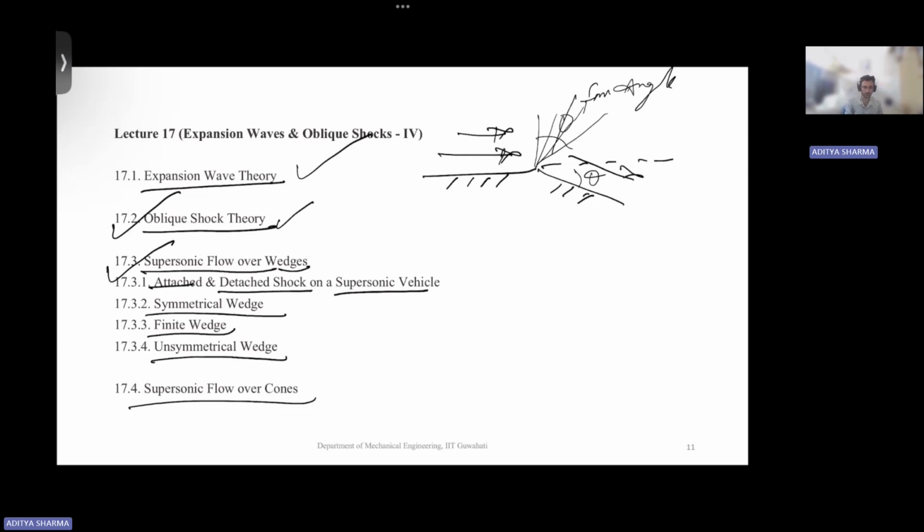This we can see, supersonic flow over wedges.